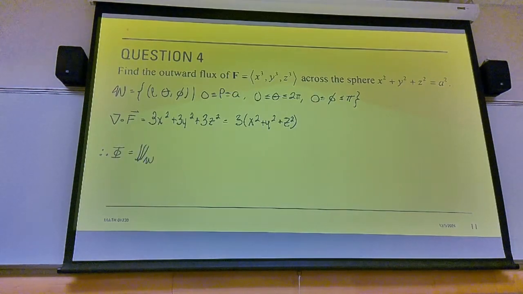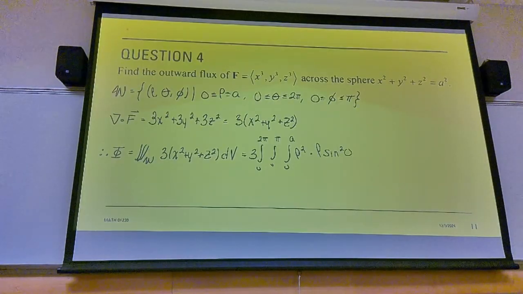What is the integrand, x squared plus y squared plus z squared, in spherical coordinates? 3 rho squared. What does the differential become? Rho squared sine phi, d rho d phi d theta.